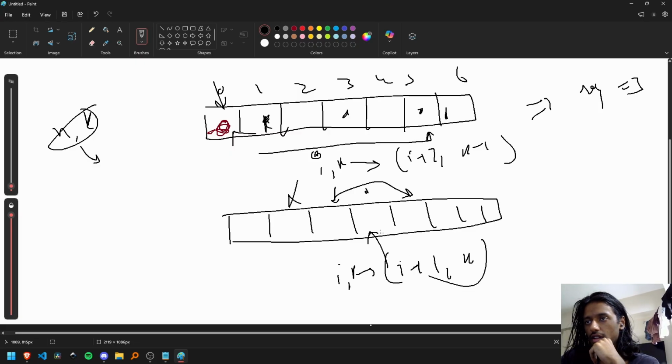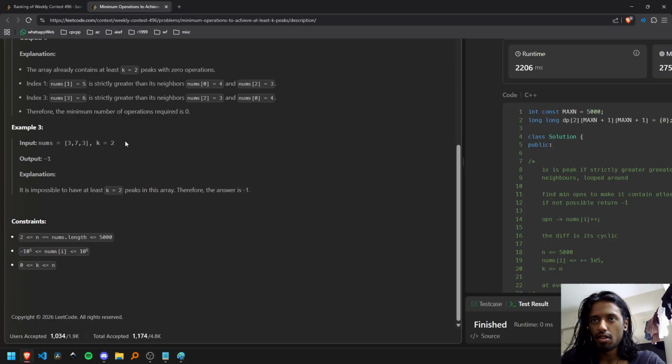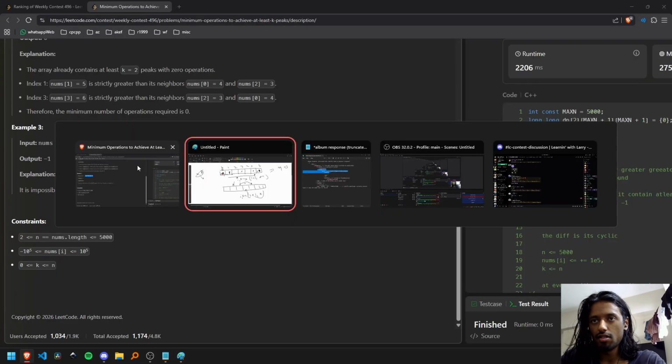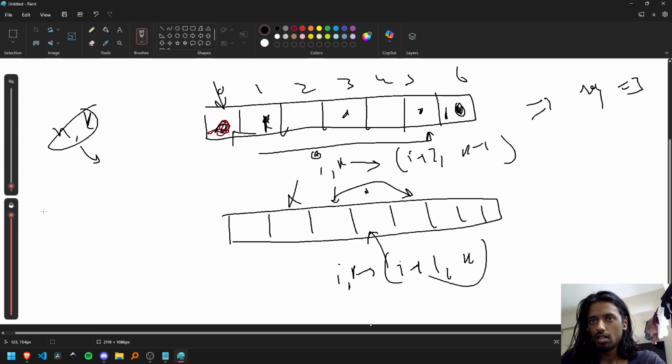So this was the first transition, but here there can be an issue. Assume for some array we made this a peak, and now we are trying to make it a peak with respect to the last element as well, right? Which is why this test case was helpful. So if you look at this 373, here let's say we try to make this a peak, so we'll make this 8, right?